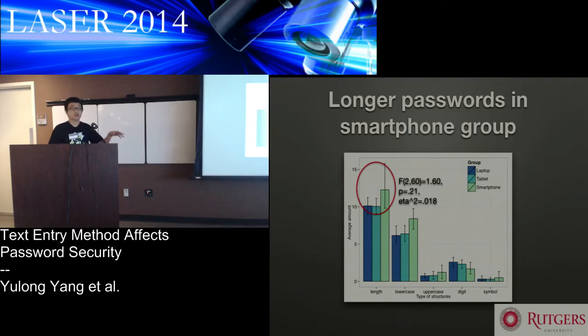But by calculating the effect size, which is eta squared, we find that we did have a small effect size for the password lengths across our groups. From the graph you could see it's probably because the passwords in the smartphone group are longer than the passwords in the other two groups.